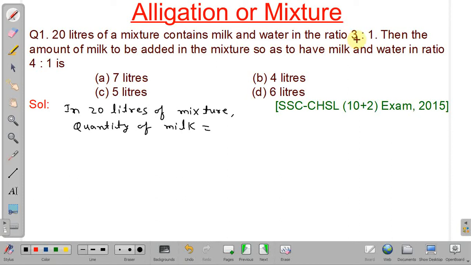Okay. It means out of 4 parts, 3 parts are milk. So 3 by 3 plus 1 and total quantity is 20 liters. So it will be 3 by 4 into 20. So it is equal to 15 liters.